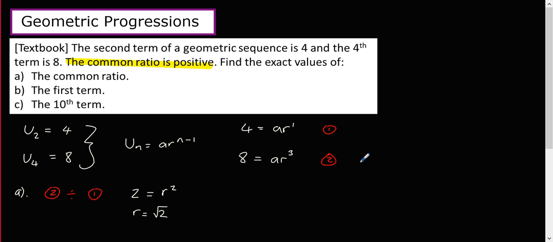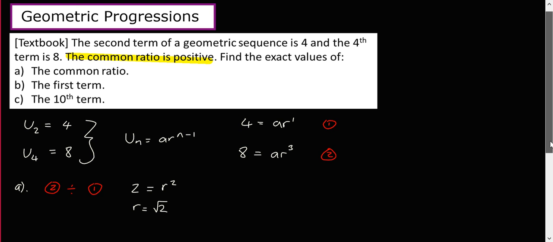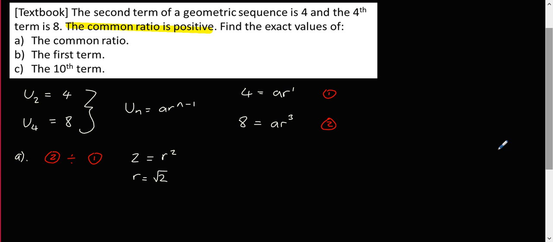So we've divided these terms, and that's quite nice because terms that are not even consecutive terms in the sequence, we can use. We can use division just to get what we want. So we've got our common ratio. Then we're asked to work out what the first term is. So I'm going back to equation 1.